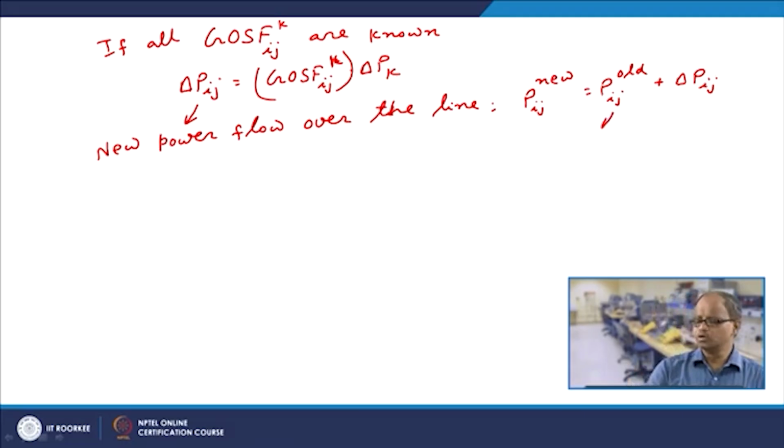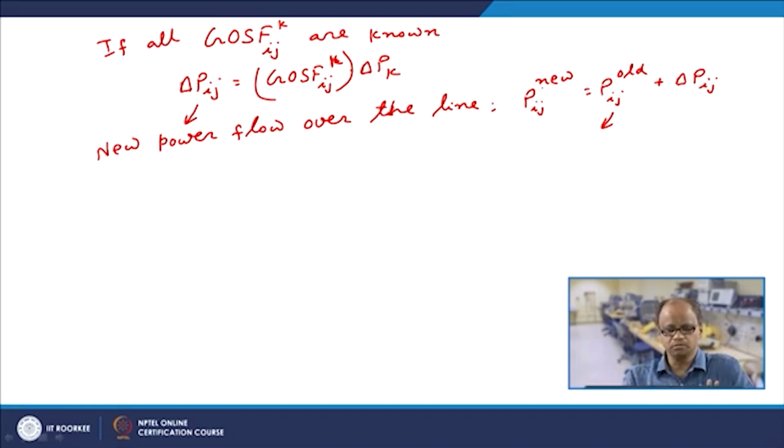Now, this P Ij old is already known; it is nothing but the pre-contingency steady state value. We have just calculated this quantity from here. So, we will simply add these two quantities and we will get the estimate of what the new power flow over the line would be.